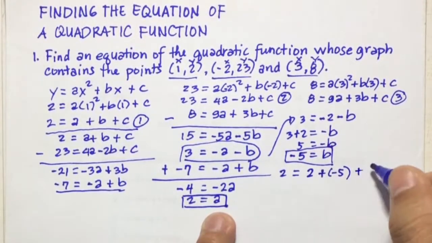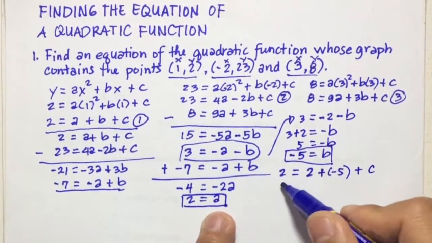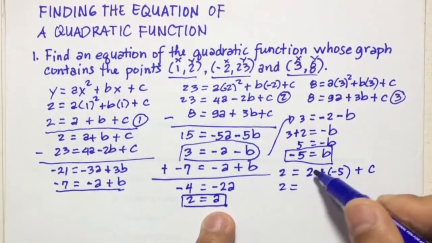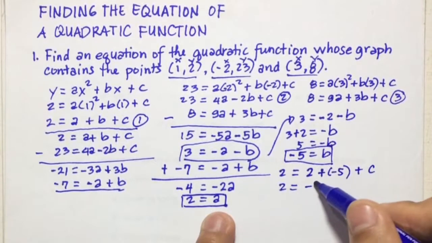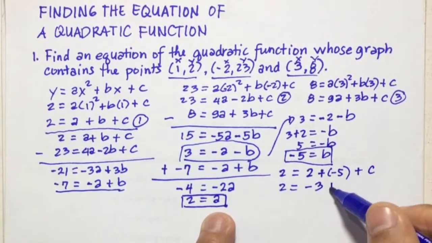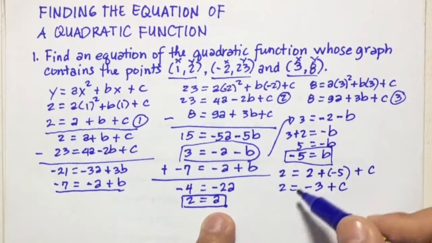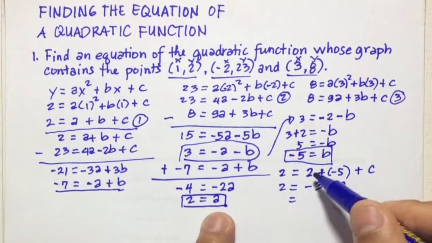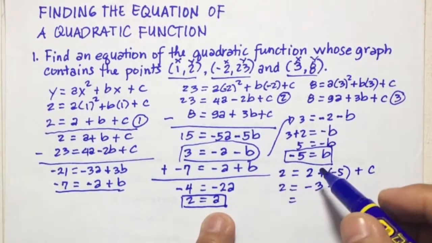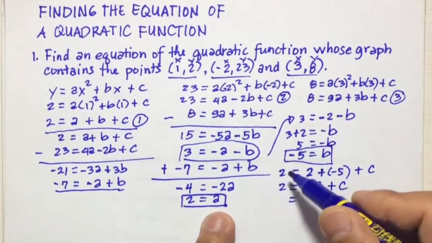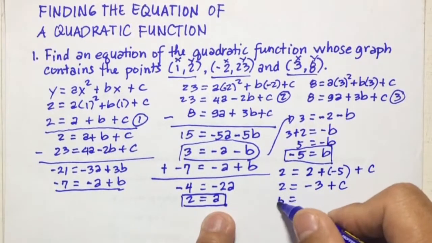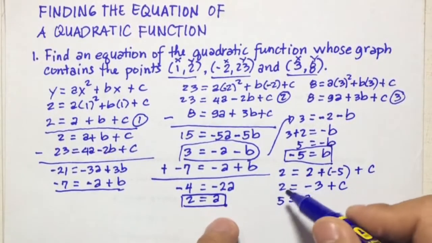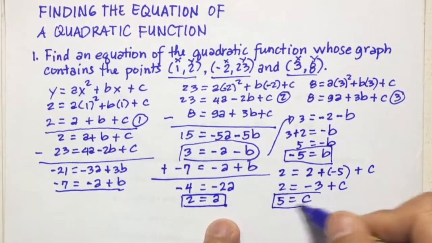So 2 equals 2 plus negative 5, which is negative 3, plus c. Transposing negative 3 to the left side, it becomes positive 3, so 2 plus 3 equals 5. So c is 5.